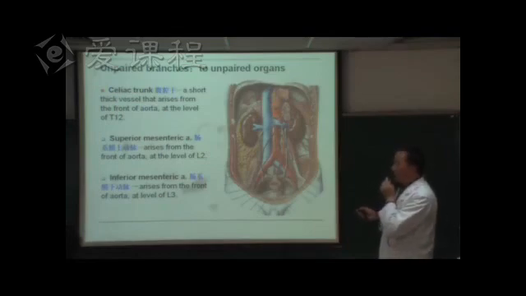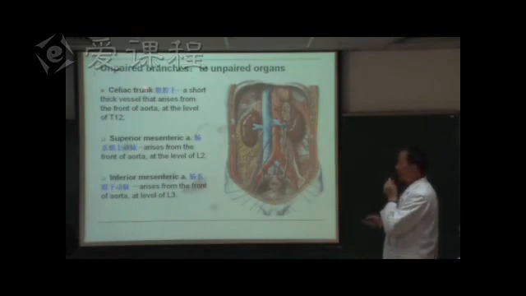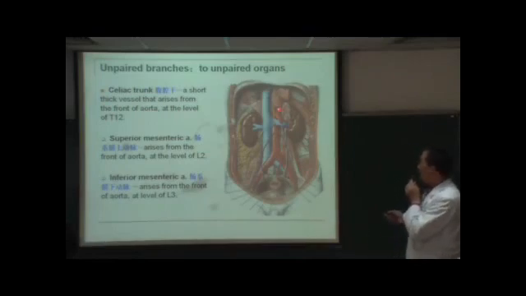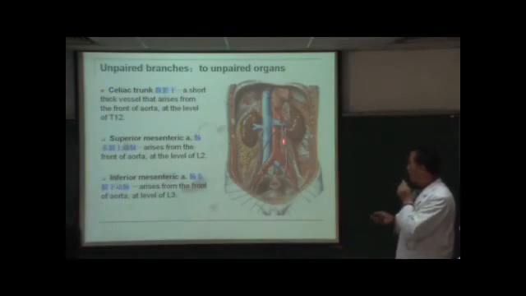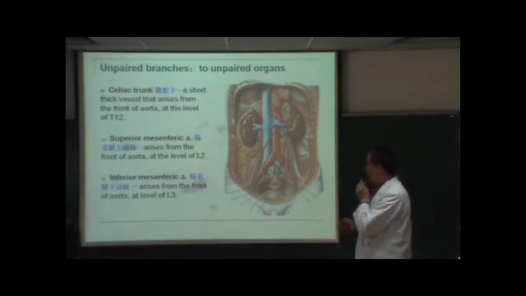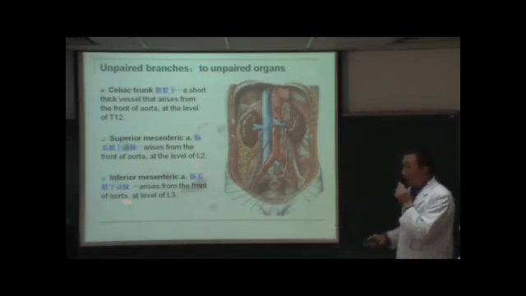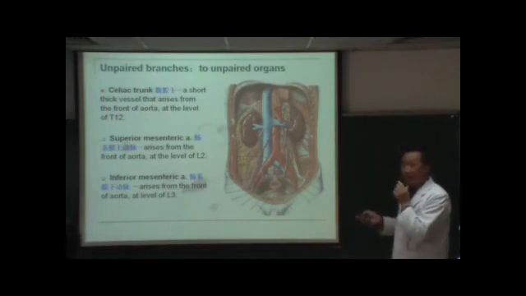This artery is very short, but very thick. And just below it is the superior mesenteric artery. And still below it is the inferior mesenteric artery. These are unpaired branches of the abdominal aorta.